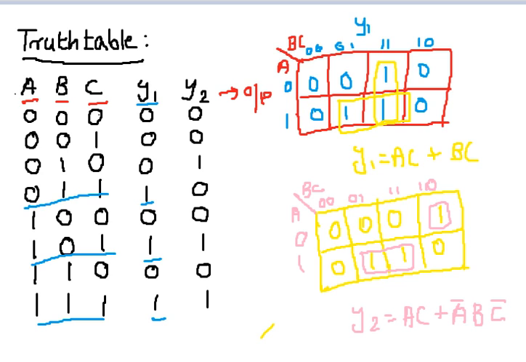Next, look at the next K-map. Like Y1, we also find the Boolean expression of Y2 using the K-map. So Y2 is equal to AC plus A bar B C bar using this truth table.